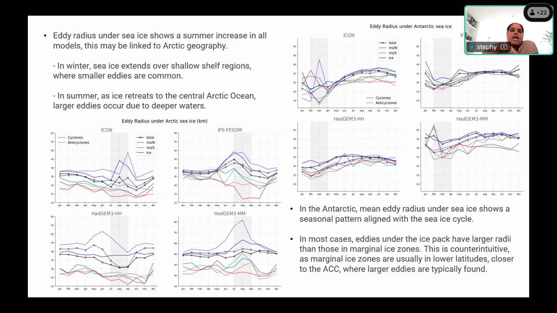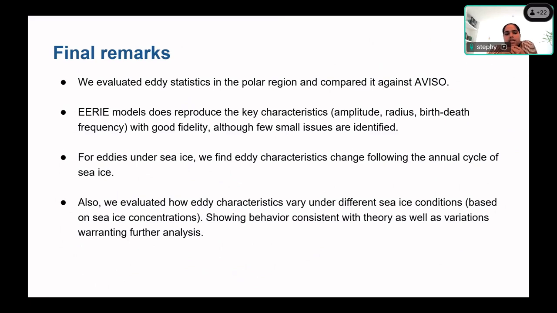And then I think that's mostly the end of these statistical assessments. So we did actually evaluate the eddy statistics in the polar regions, and we compared it against AVISO, acknowledging that it's not entirely the correct way to do it.